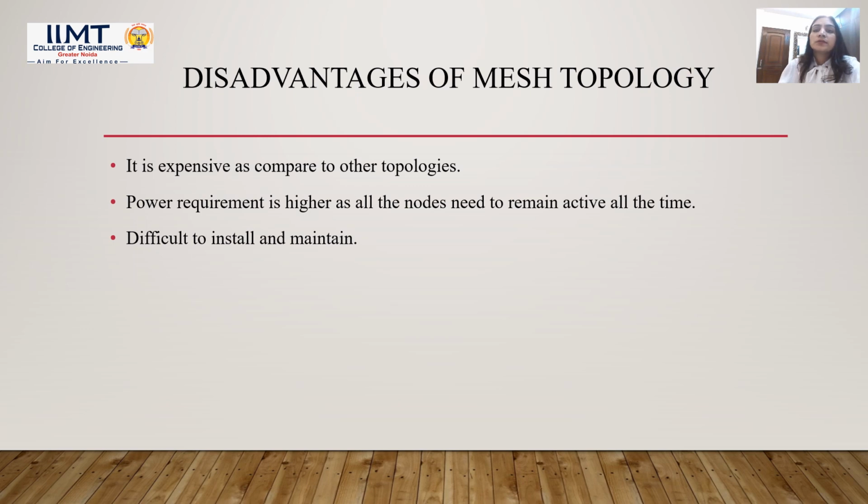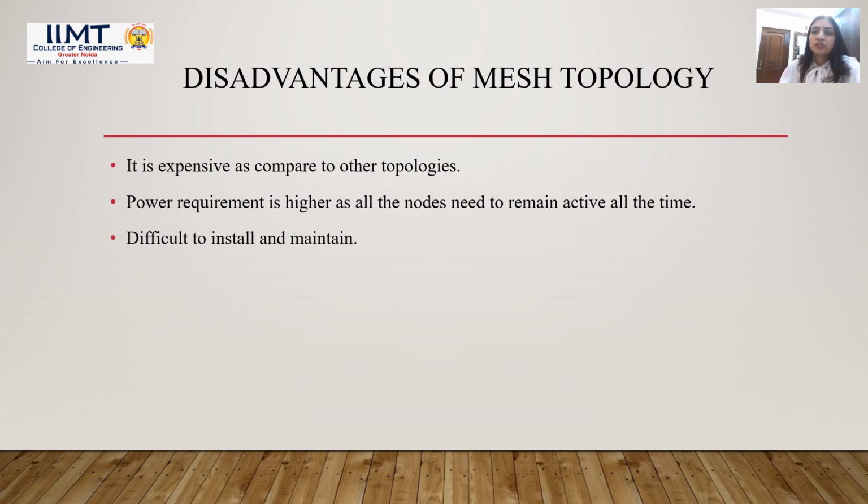Now we'll discuss some disadvantages of this topology. First one is it is expensive as compared to the other topologies. Next point is high power requirement because all the nodes have to be active at the time of transmission of data or information in the network.